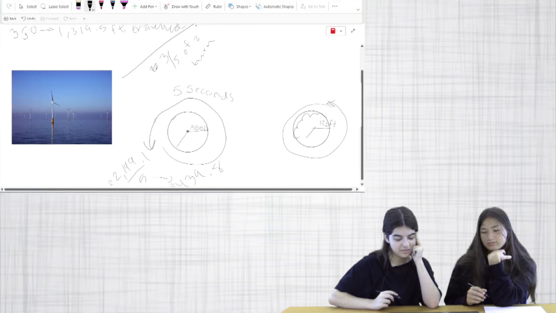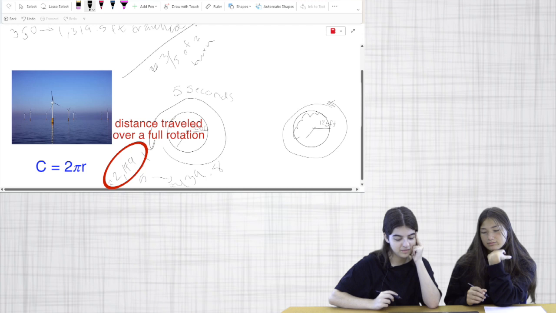The students found the 350-foot blade would travel about 1,319.5 feet in 3 seconds. To find this, they first calculated the circumference of a circle with a radius of 350 feet by multiplying 350 by 2 pi. This told them how many feet the tip of the blade would travel over the course of a full rotation, about 2,199 feet.